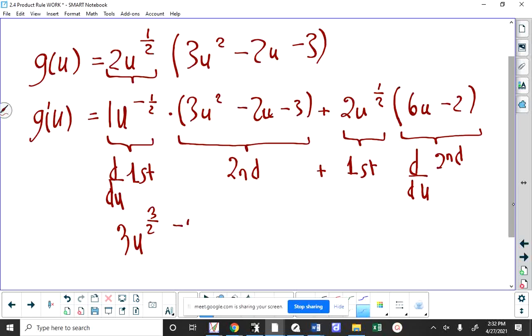Minus 2u to the half. Again, I'm adding exponents. Negative a half plus 1 is 1 half. And then minus 3u to the half. Multiplying here, you get 12u to the 3 halves minus 4u to the half.